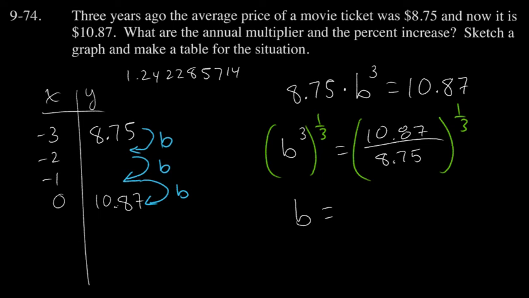And when I do that, let me write down what I get. So what I get for b is 1.07499 etc. So I'm going to take this value b and I'm going to round it to 1.074.